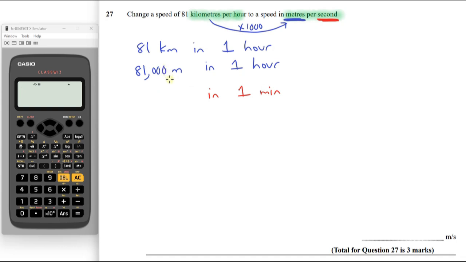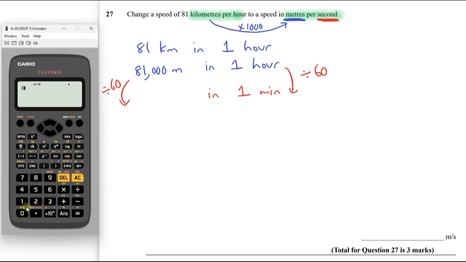But that's not right. Think about this. If we're traveling 81,000 meters in an hour, we're going to be traveling a smaller distance in 1 minute. So we're actually going to be doing the opposite. We're going to be dividing by 60. We can travel 60 times less distance in a minute compared to an hour.